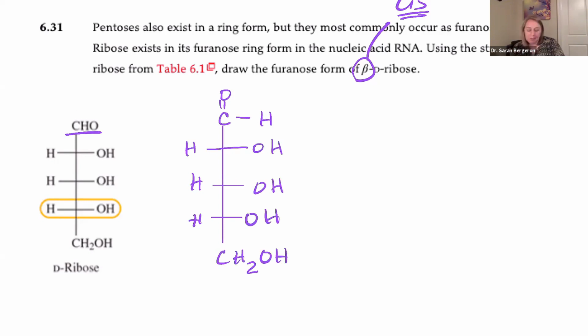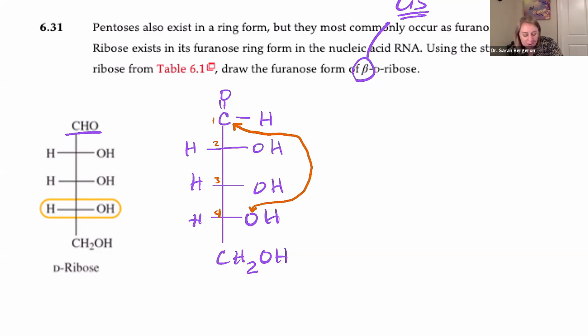Now we want to make it into a ring. How are we going to make it into a ring? What is going to happen? Our oxygen on the farthest chiral carbon will make a bond with the carbon from our carbonyl. So how many different things are we going to have on our ring? 1, 2, 3, 4.